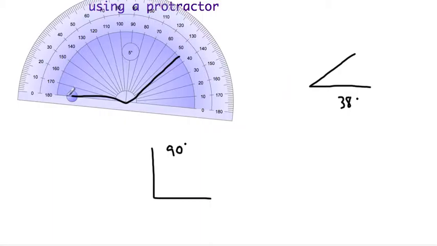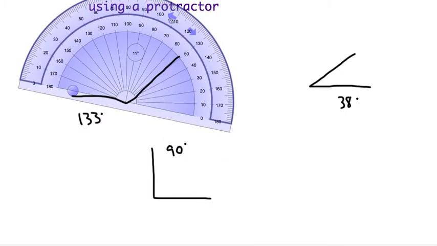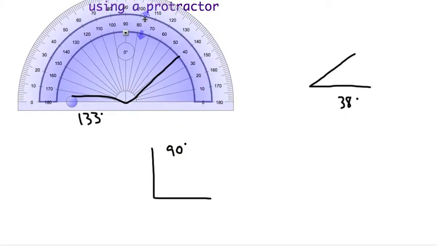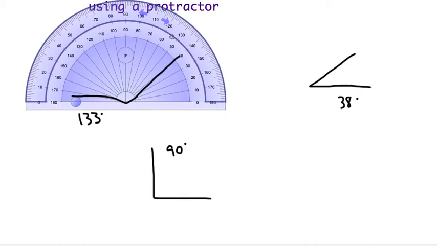This one, because we start over here and go this direction, it's about 133 degrees. The thing about the protractor is you always have to remember to put the base along the base of the angle, make sure the center is in the vertex, and think about your 90 degrees rule.